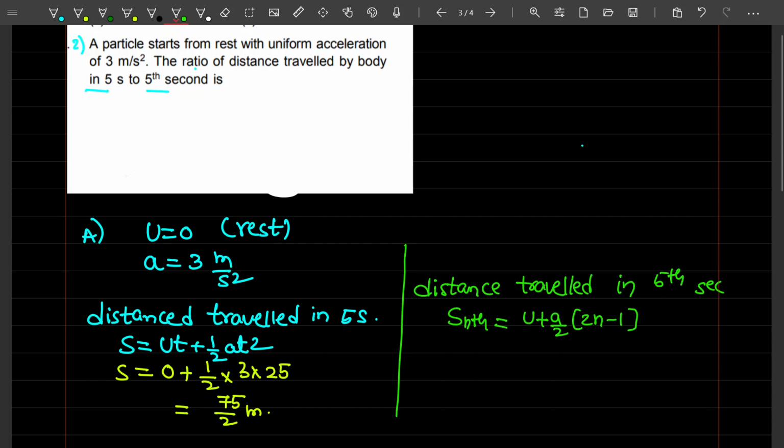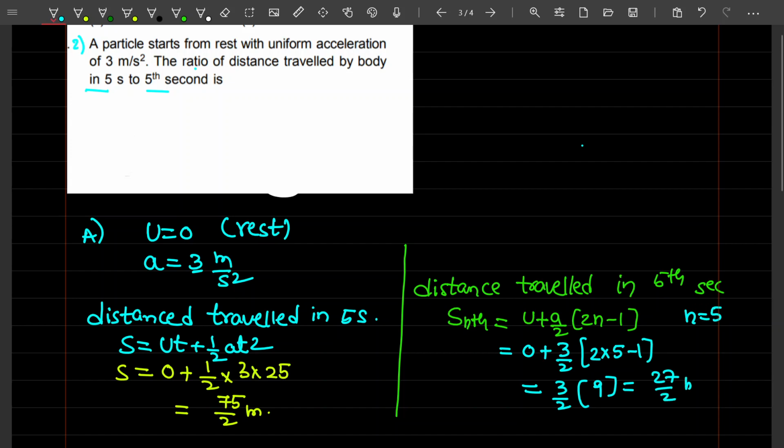Now if I substitute the given data, again initial velocity 0, acceleration 3 meter per second square. So 3 divided by 2 into 2 into this n value, 5th second, so 2 into 5 minus 1. Finally we get 3 divided by 2 into 10 minus 1, 9. So this is now 27 divided by 2 meters.